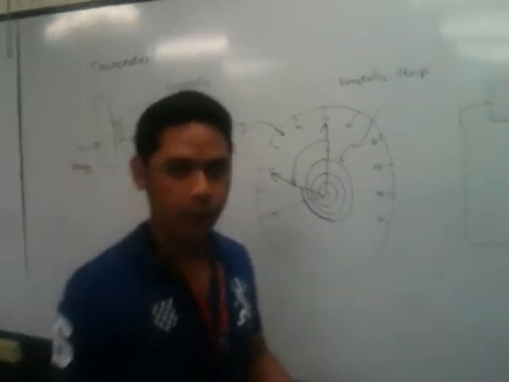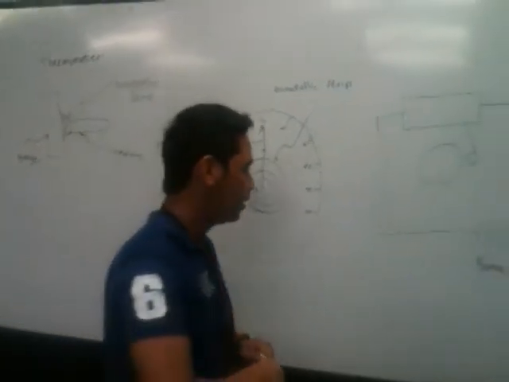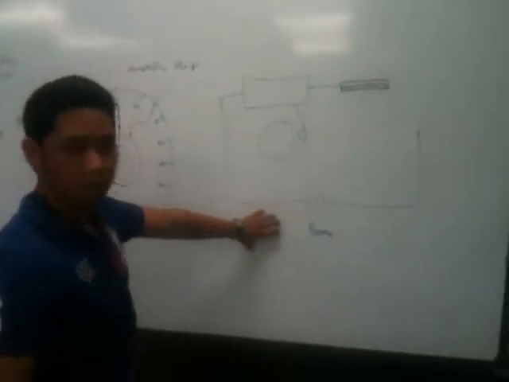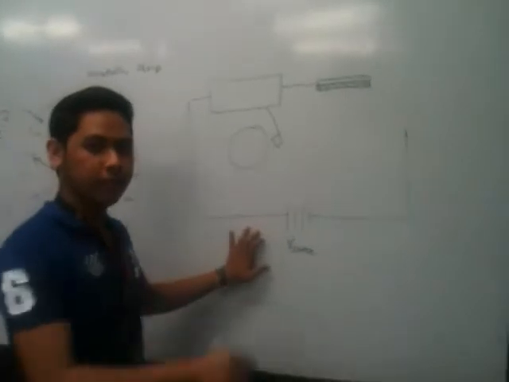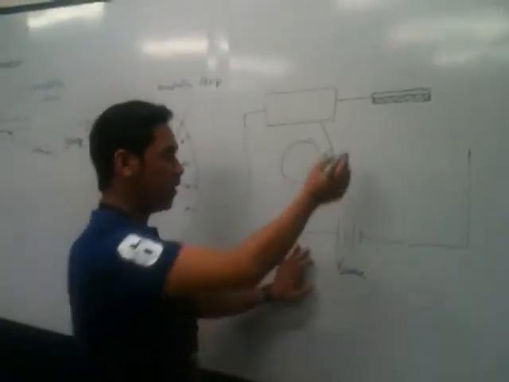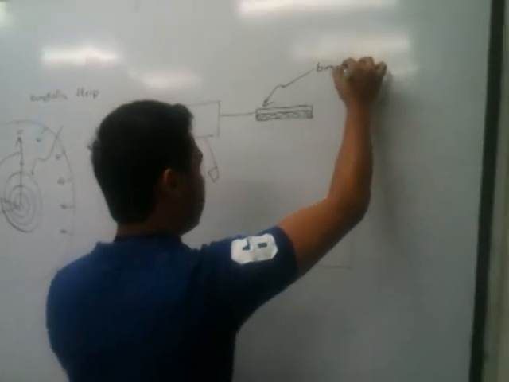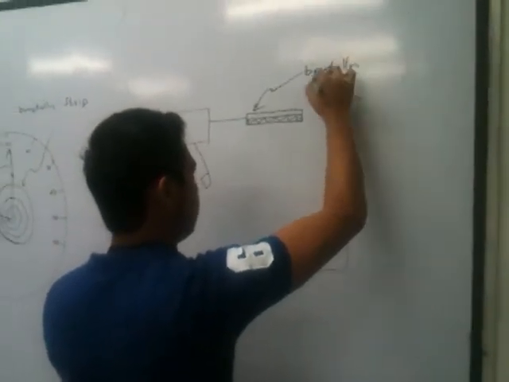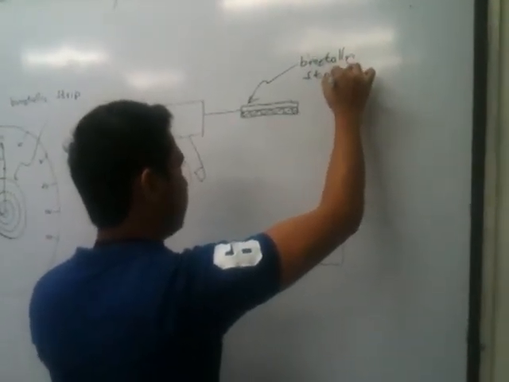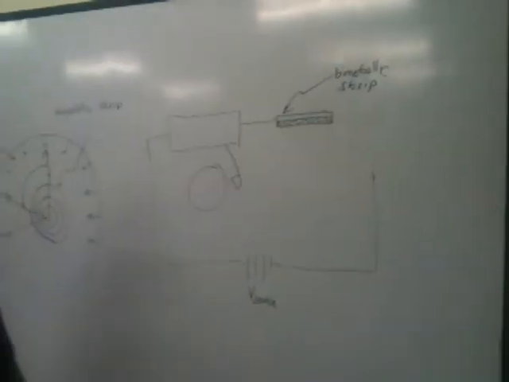The second application is the fire alarm. Using this simple circuit diagram, I am going to discuss the application of the bimetallic strip in a fire alarm.